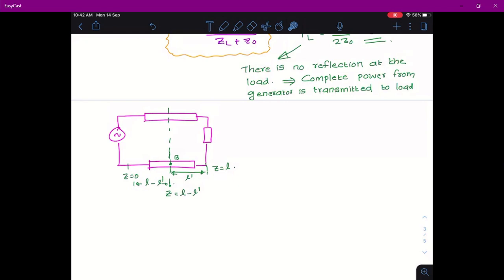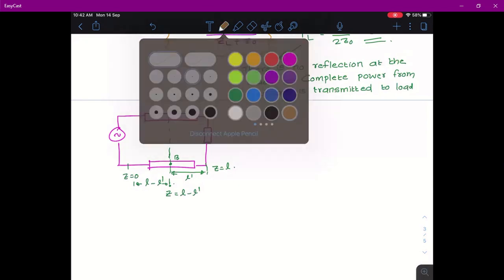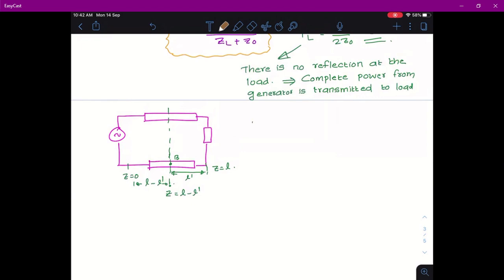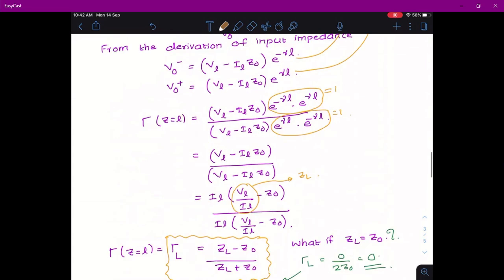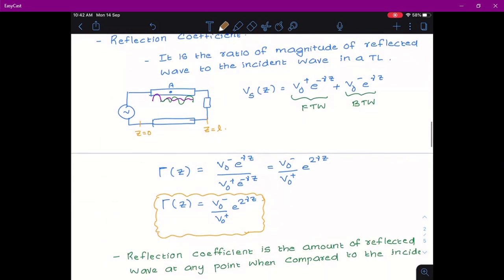So, what is the reflection coefficient in this case? Let us write the general expression: tau of z is equal to V0 minus by V0 plus e raised to 2 gamma z, which we have derived at this point.